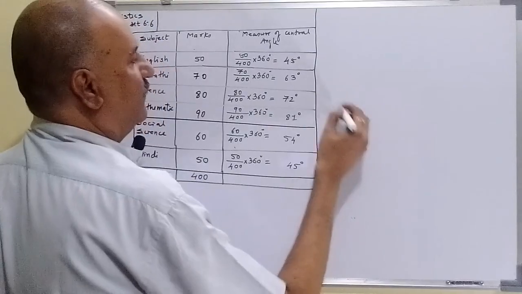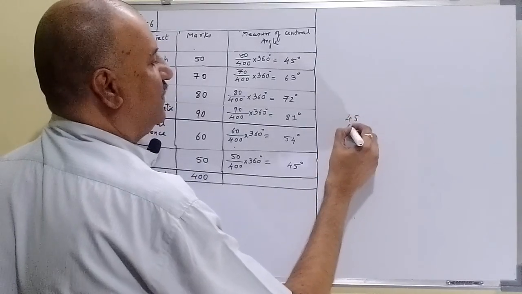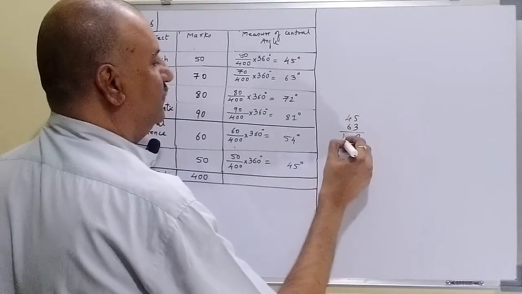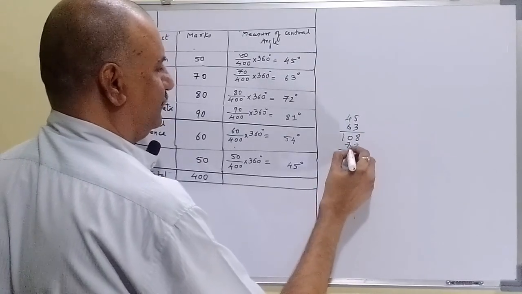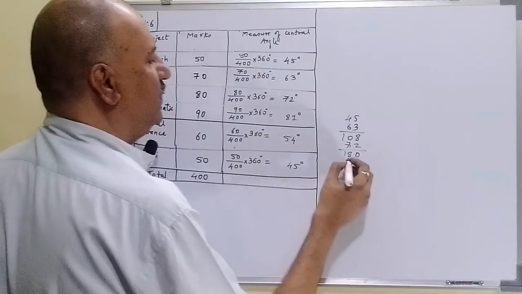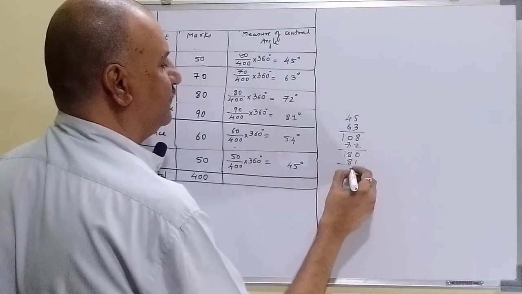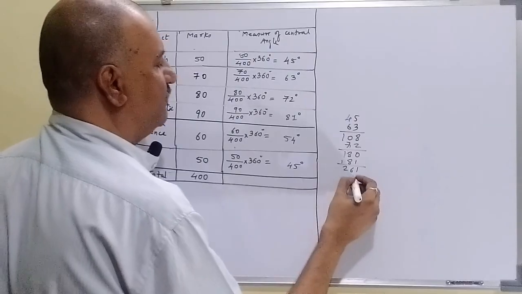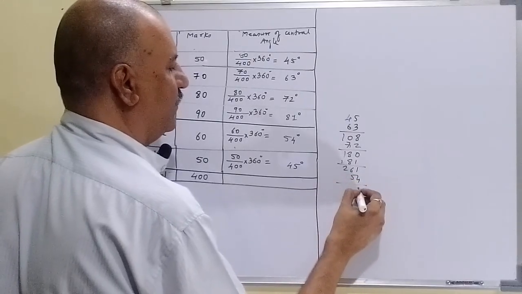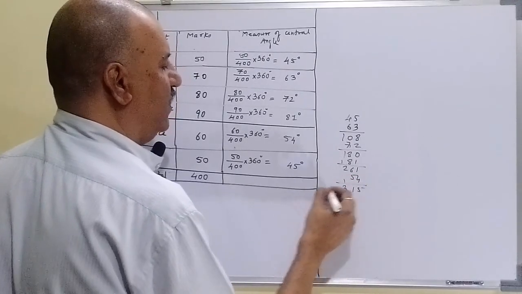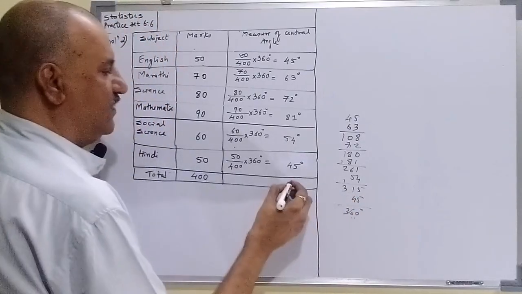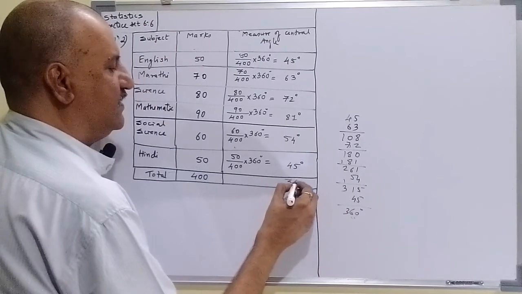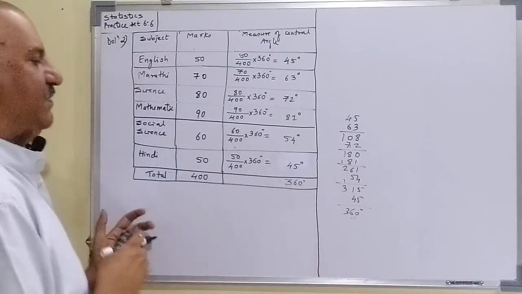Look, 45 plus 63 is 108, plus 72 is 180, plus 81 is 261, plus 54 is 315, plus 45 is 360. So your 360 degrees is completed.